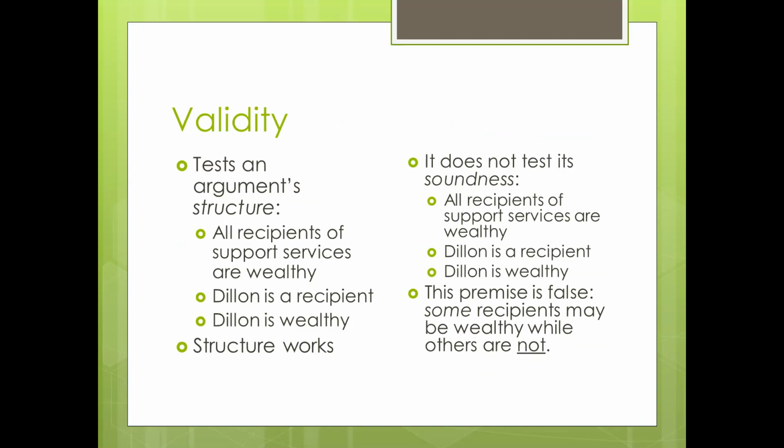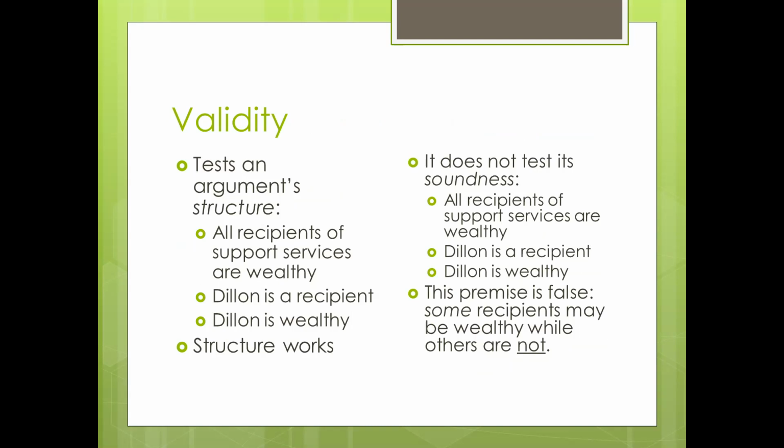Now, validity only tests an argument structure, right? It does not test the soundness of an argument. So, for example, is it valid to say that all recipients of support services are wealthy?